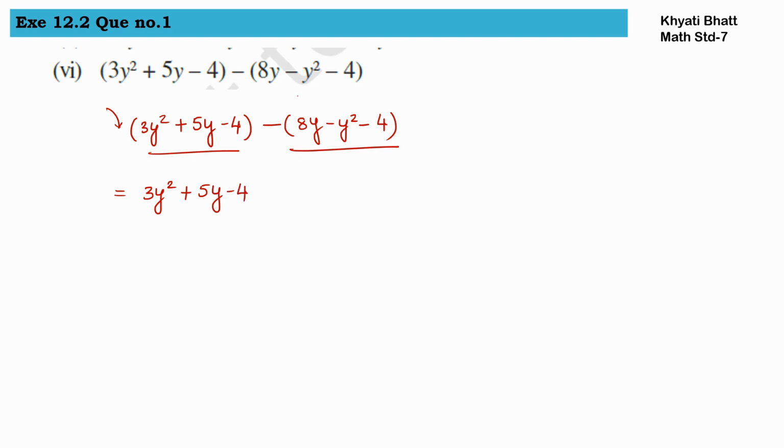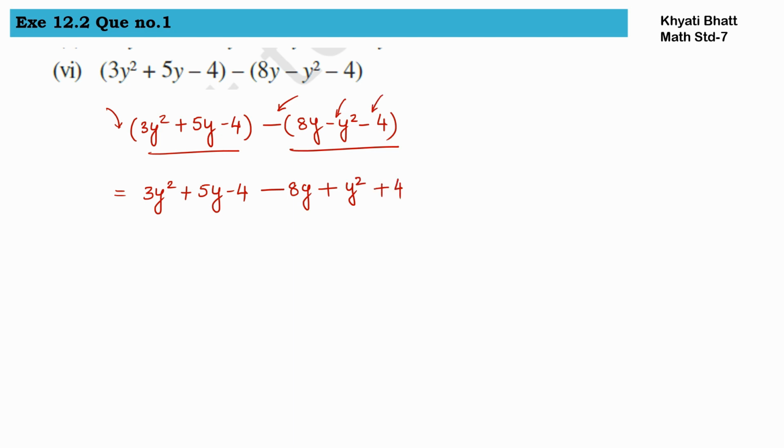Now in front of the second bracket the negative sign is there. So when we are opening the bracket which has a negative sign in front of it, we can simply change the sign. That 8y is positive, it will become negative. Minus y square is negative, it will become positive, that plus y square. Now minus 4 is negative, it will become positive.